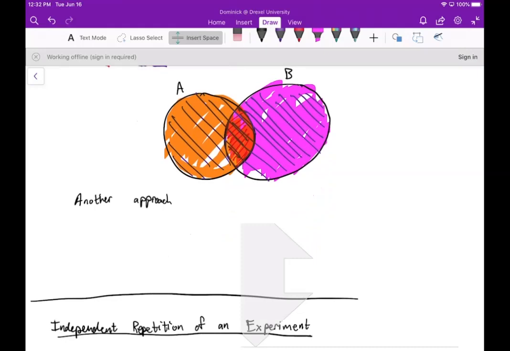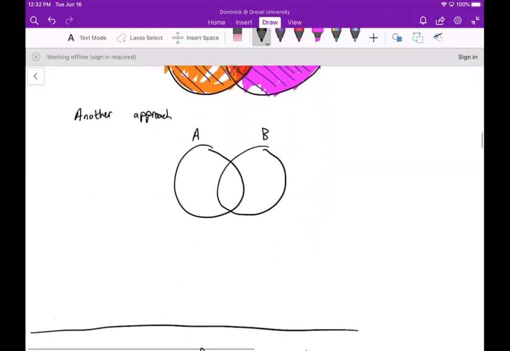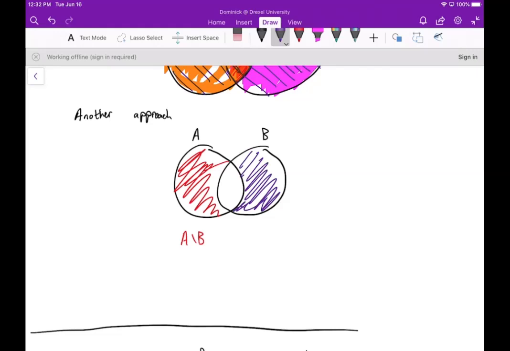Okay, we're going to call this part here A minus B. And then we'll call this part here B minus A. And then what we have left is the intersection, right?